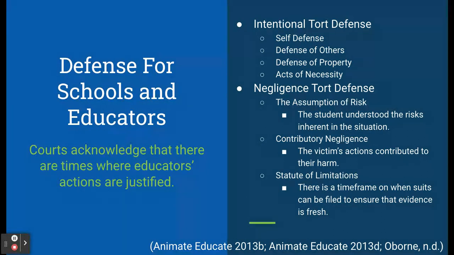There's also the concept of contributory negligence, where the victim's actions contributed to their harm. And then also the statute of limitations, where there's a statute of limitations for each specific crime, and you can't be charged once that time has run out.